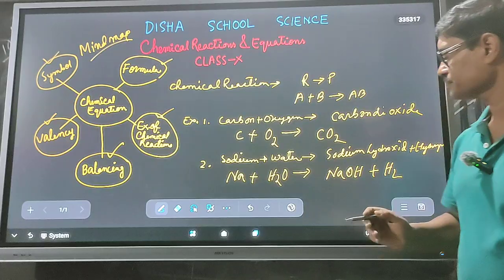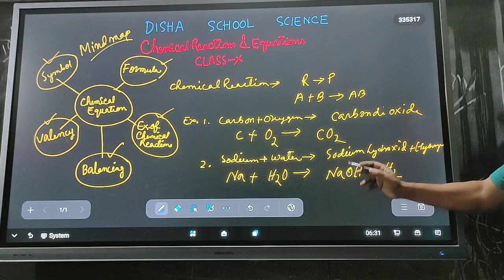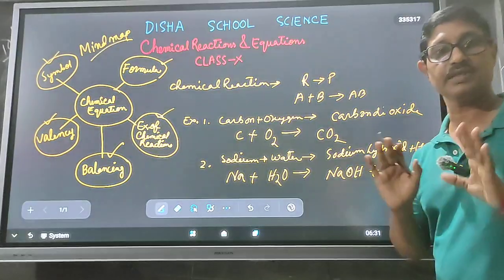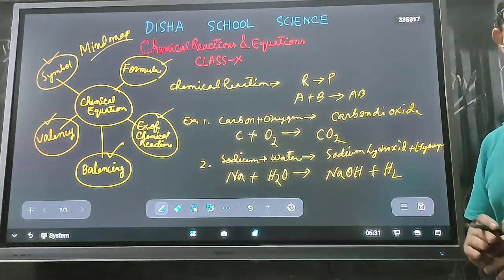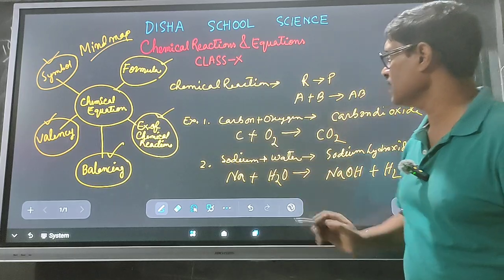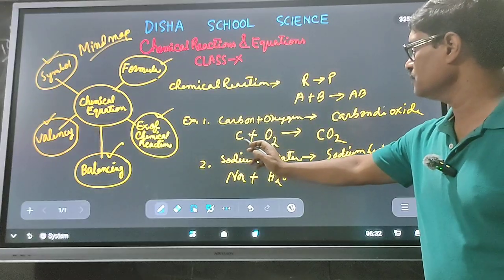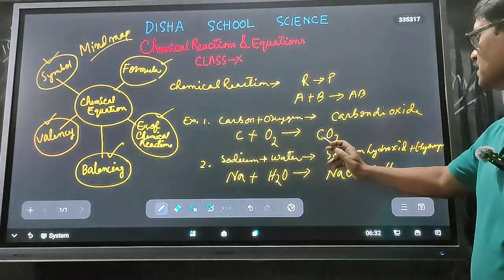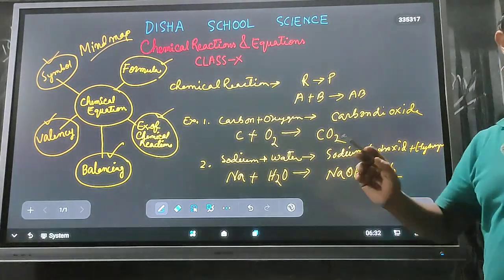How to balance? Whatever equation is written without balancing is called a skeletal equation. We have to balance it. First of all, we come to example number 1. In this case, one carbon atom is there, and on the right side, product side, one carbon atom is there. So it is balanced.